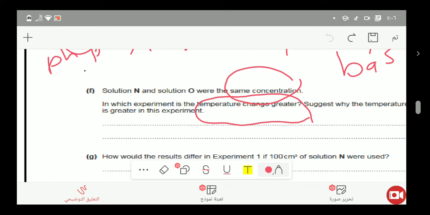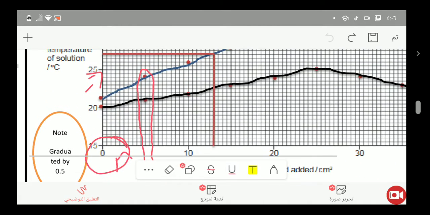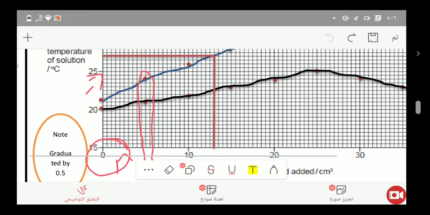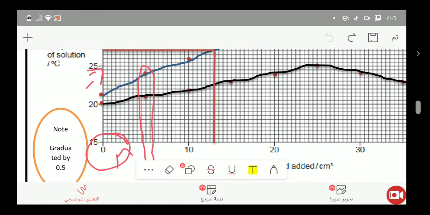Okay, so we have to move to the curves. Why? If they are the same concentration, two alkalis, O and N, and we use 10 centimeter cubed from O or N, the greatest temperature given will be our curve. Our curve here, let's choose 10 for example.